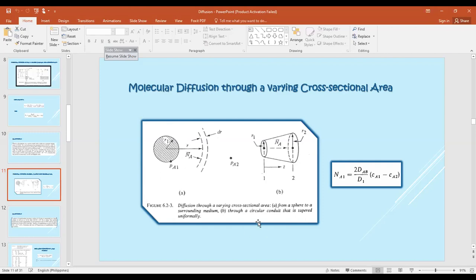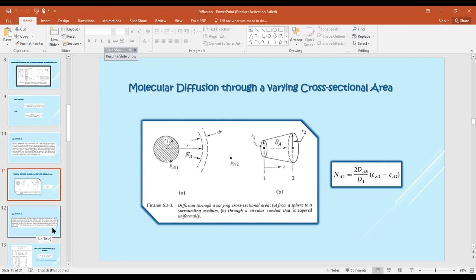Now, in letter B, through a circular conduit. So a circular conduit, meaning the cross-sectional area is that of a circle that is tapered uniformly. So there is a tapering here. So the cross-sectional area of this portion, 1, is not the same as the cross-sectional area of this portion. So these are the two scenarios wherein you have molecular diffusion through a varying cross-sectional area.